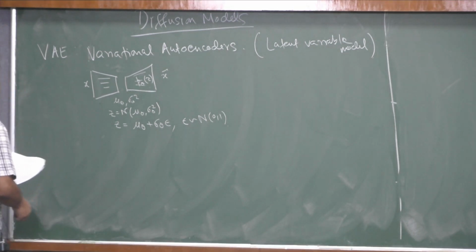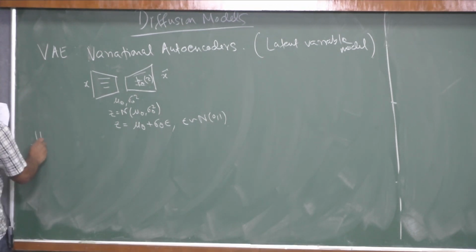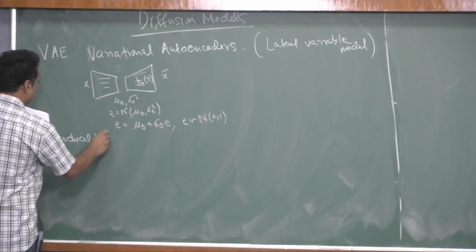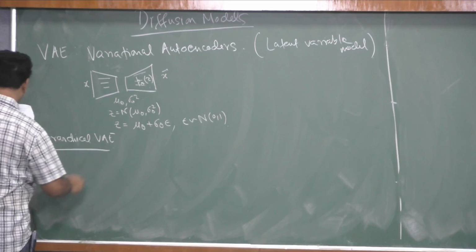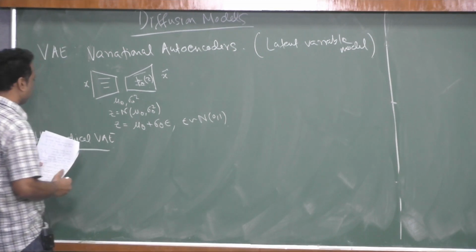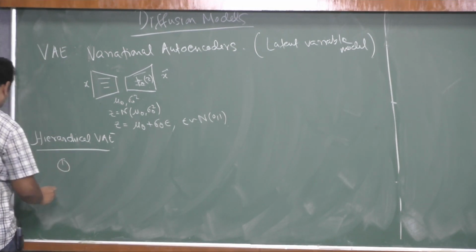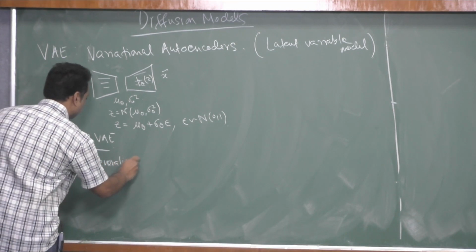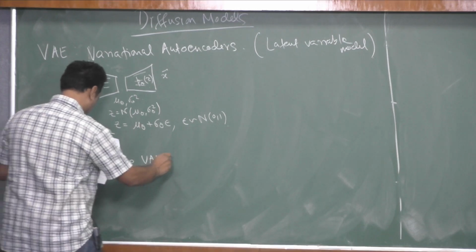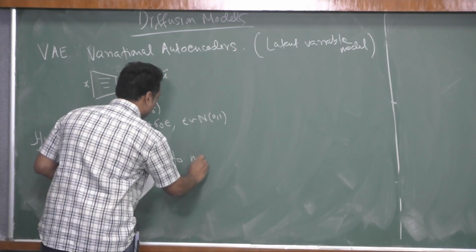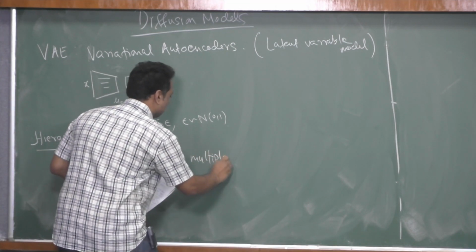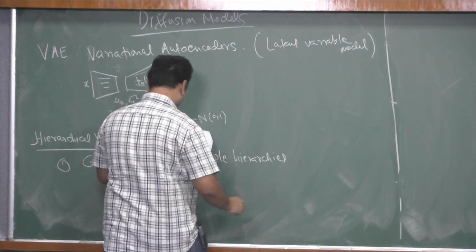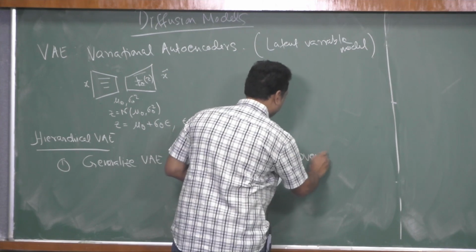So as a next step would be something called hierarchical VAE, hierarchical variational autoencoder. So as I said, we will try to generalize VAE to multiple hierarchies over latent variables.